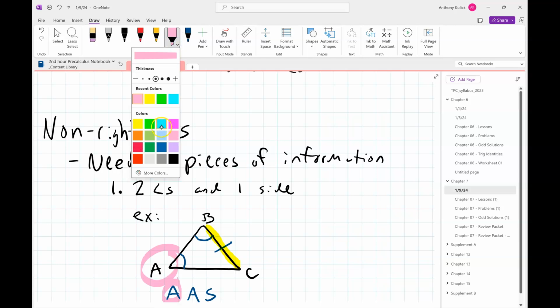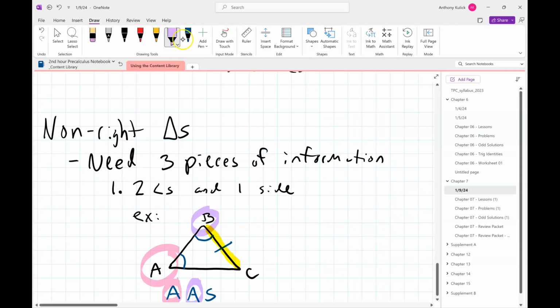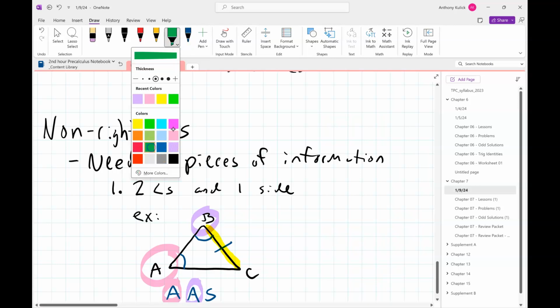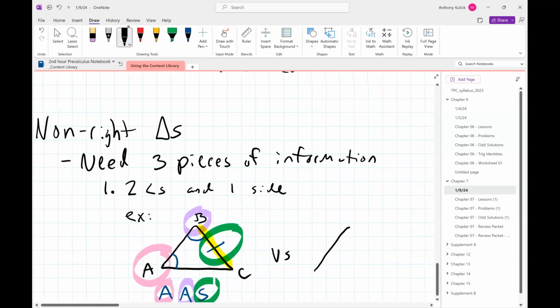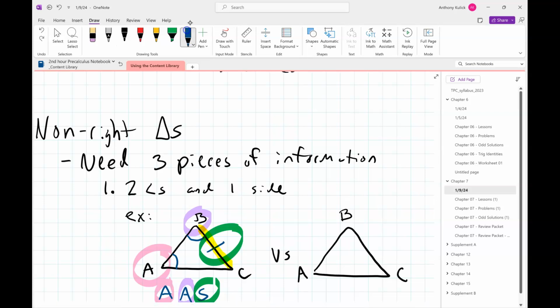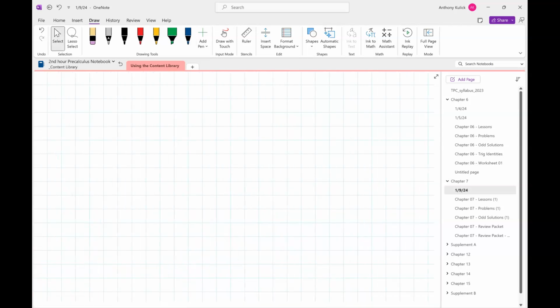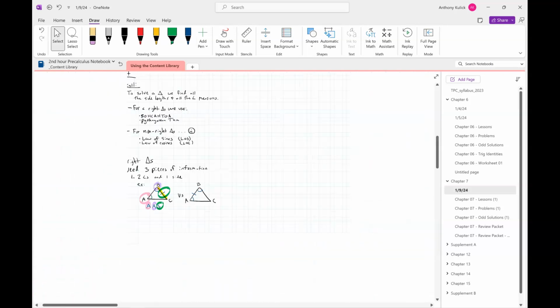This is angle, angle, side, if we look around the triangle in a counterclockwise motion. Does everybody see that? Versus the other option, where we have angle, side, angle.